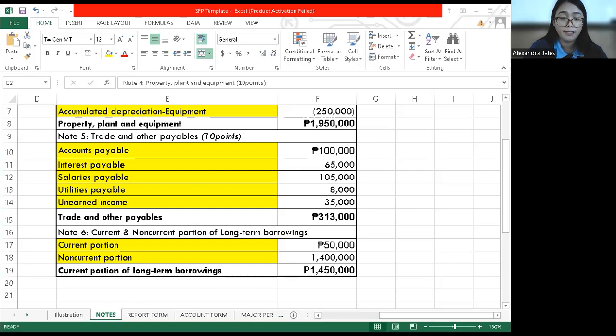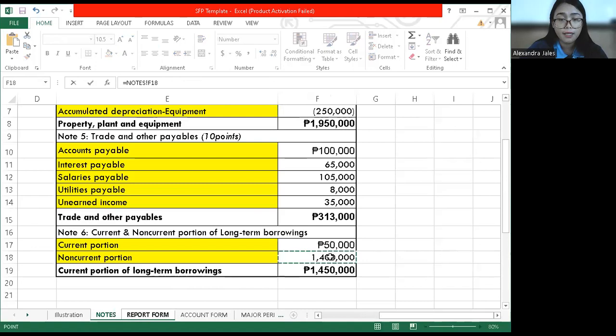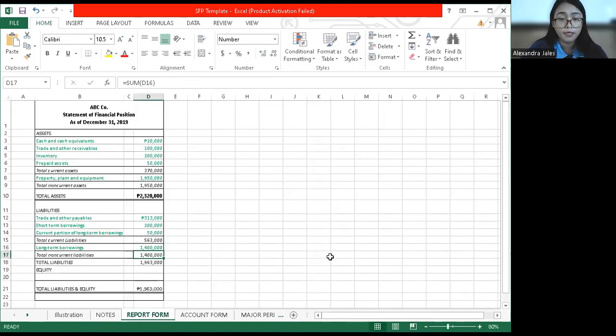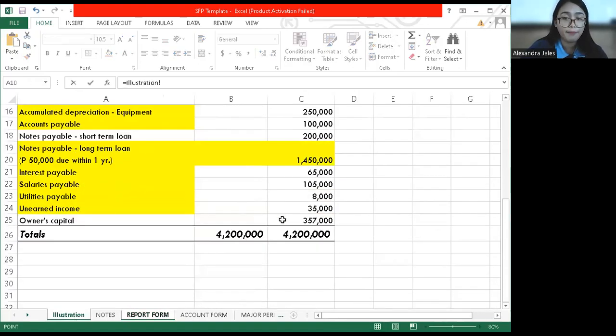We could easily identify that it is a long-term. We already have short-term borrowings, right? We already now have long-term borrowings. So what is our long-term borrowing? That would be 1,400,000 pesos.